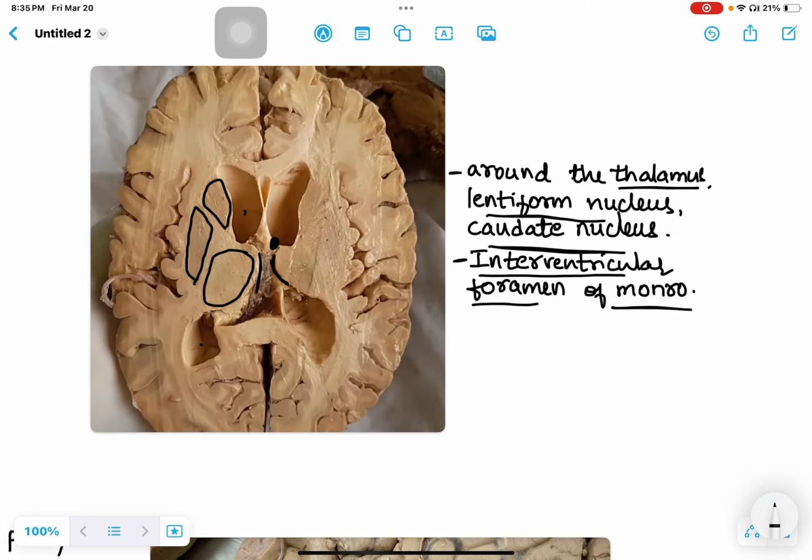This is the third ventricle part, and this is the lateral ventricle part of each cerebral hemisphere, and it communicates with the third ventricle through the interventricular foramen, and meanwhile it also communicates with the opposite lateral ventricle.